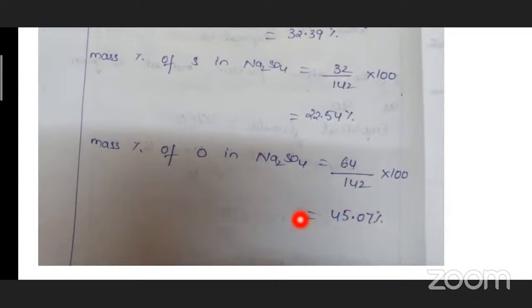So 45.07 is the mass percentage of oxygen in sodium sulfate. Now when you add up the mass percentages of sodium, sulfur and oxygen, what total should you get? You have to get the total up to 100%.